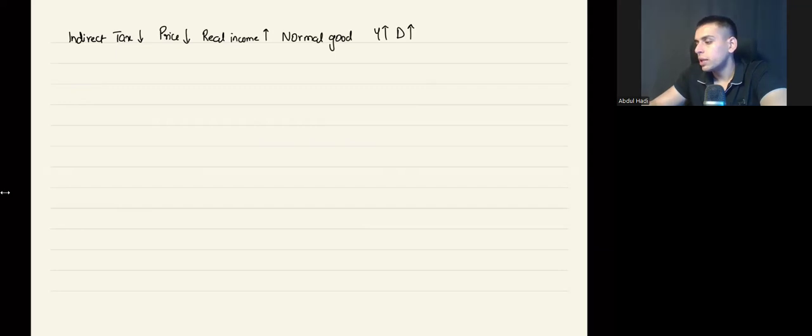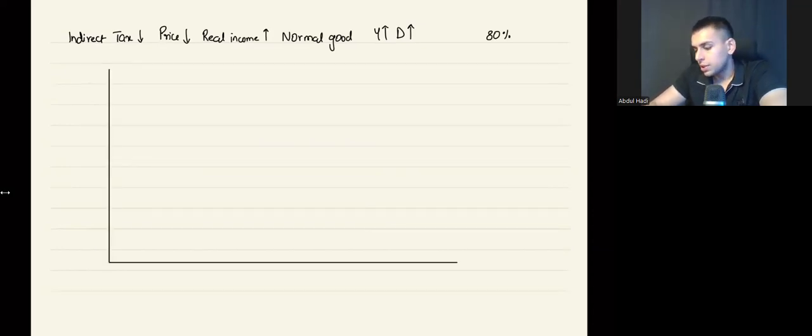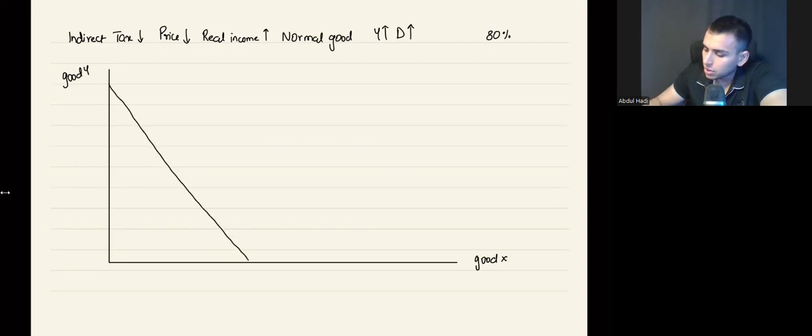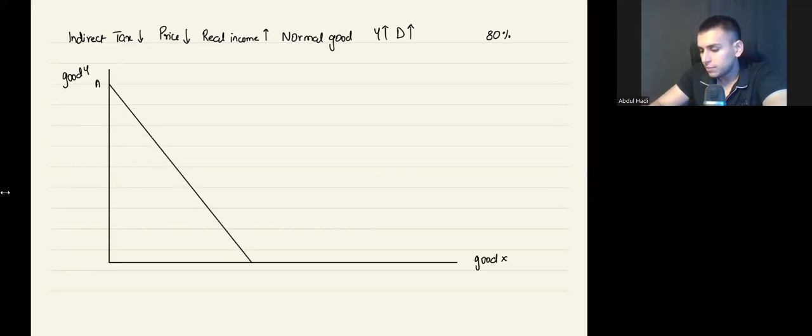Now let's draw the 80% diagram first. This is good Y and this is good X. This is the examiner's diagram, the way the examiner draws. This is your initial budget line AB.